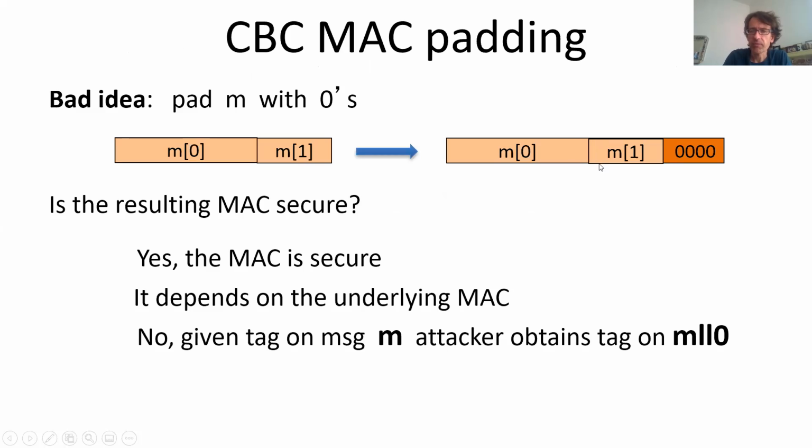If the way I marked was that I performed a PRF, this MAC construction, on a message extended with a bunch of zeros, the receiver gets the message and extends it with zeros to the exact block size, performs the PRF on it, and compares with the result. So the receiver can do it. But is this a secure MAC?